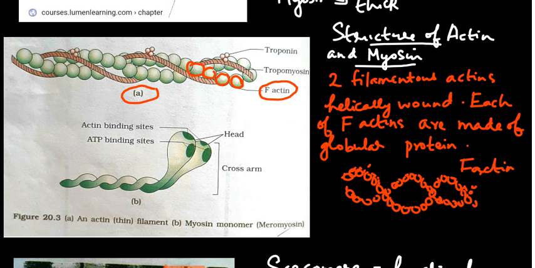F actin, and apart from the F actin, there is another protein also which is called as tropomyosin. Tropomyosin is another protein and they also run close to the F actins.